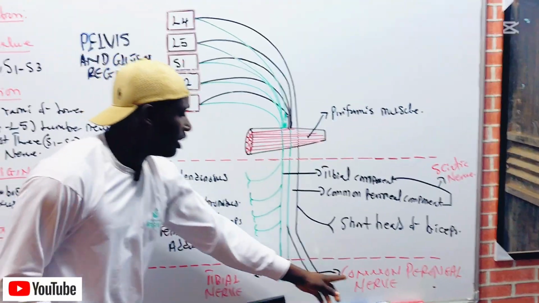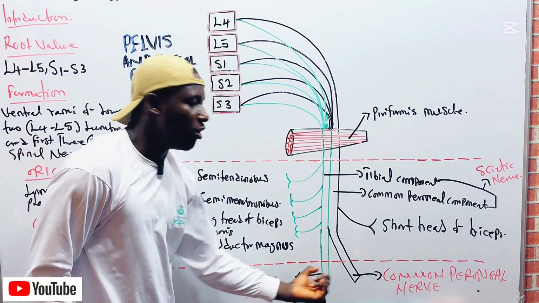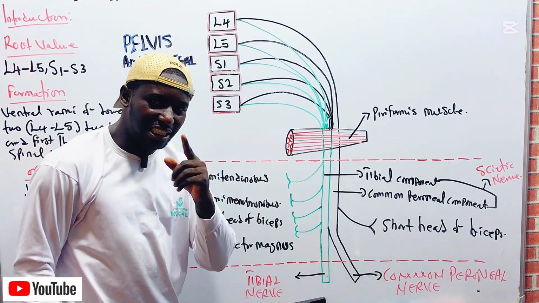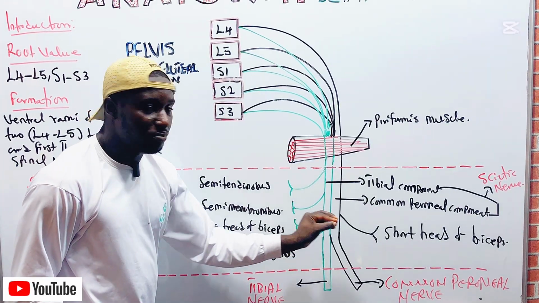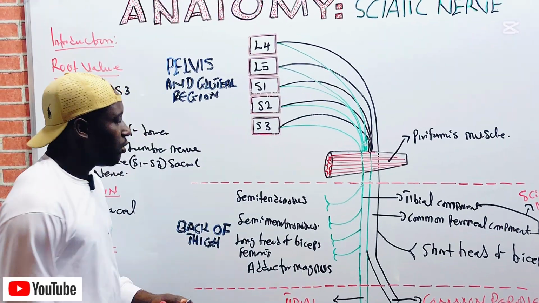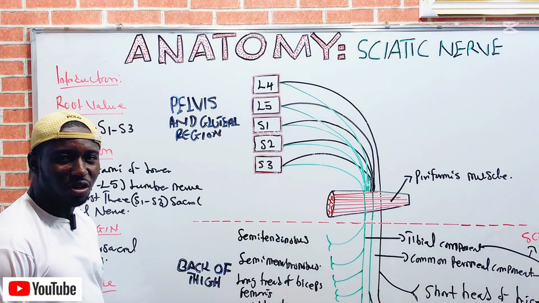So these are the two terminal branches of the sciatic what? The sciatic nerve. So that is how it is being fashioned. Now we shall be discussing the distributions of the sciatic nerve.